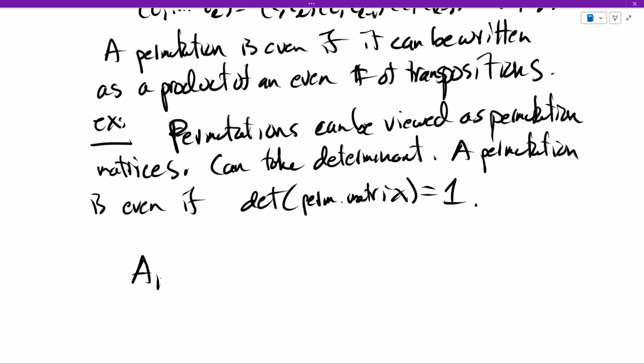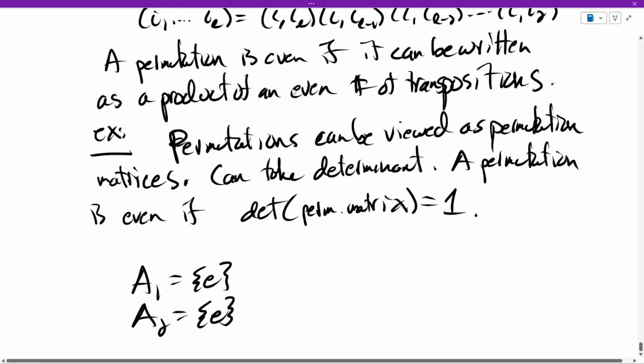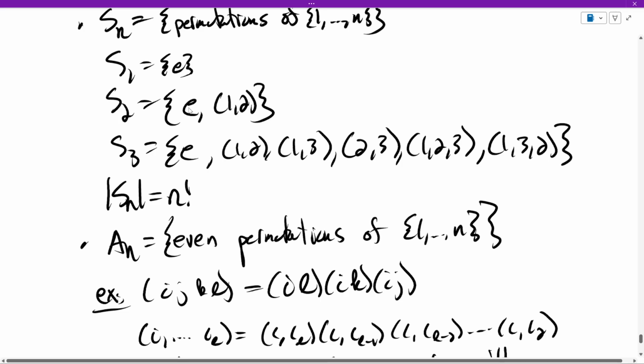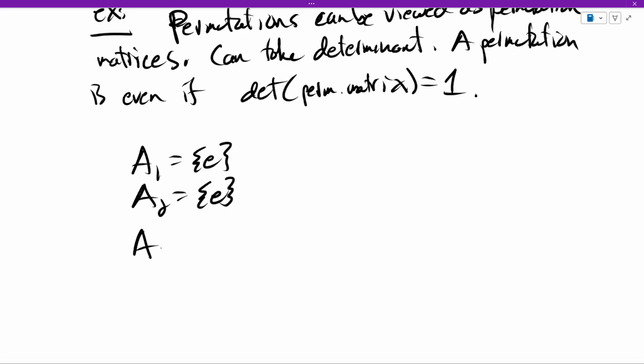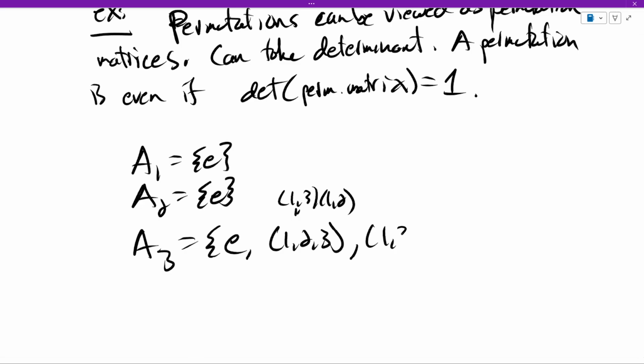Well, A1, there's only the trivial element. A2, we don't get anything because the only element of S2 that's not the identity is (1 2). That's an odd number of transpositions. A3 is going to be the identity, (1 2 3), which we can think of as (1 3)(1 2), an even number of transpositions, and (1 3 2). A4 is the identity.